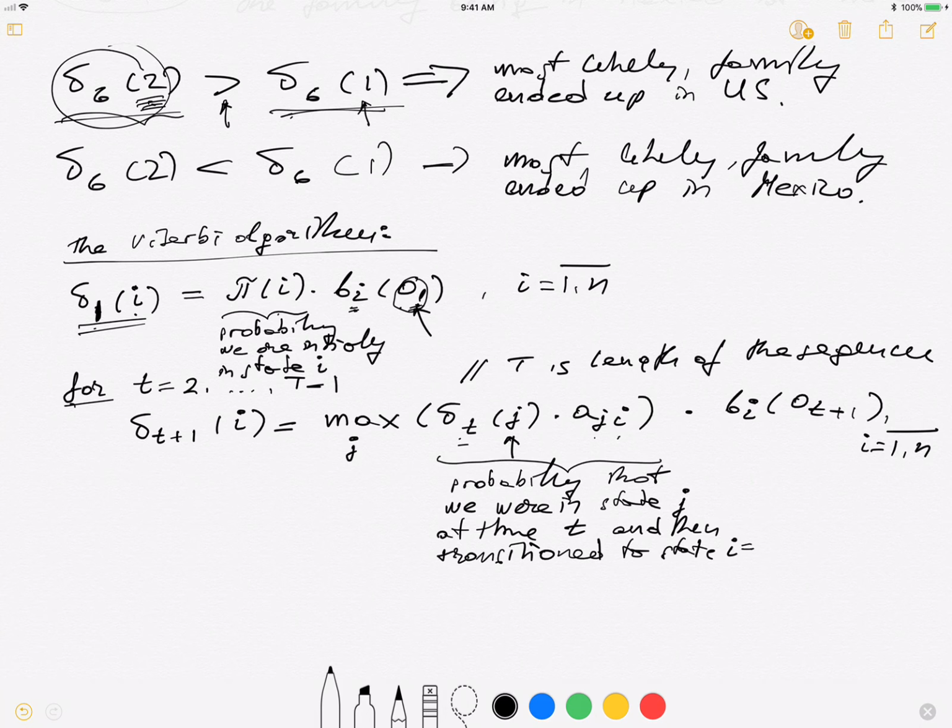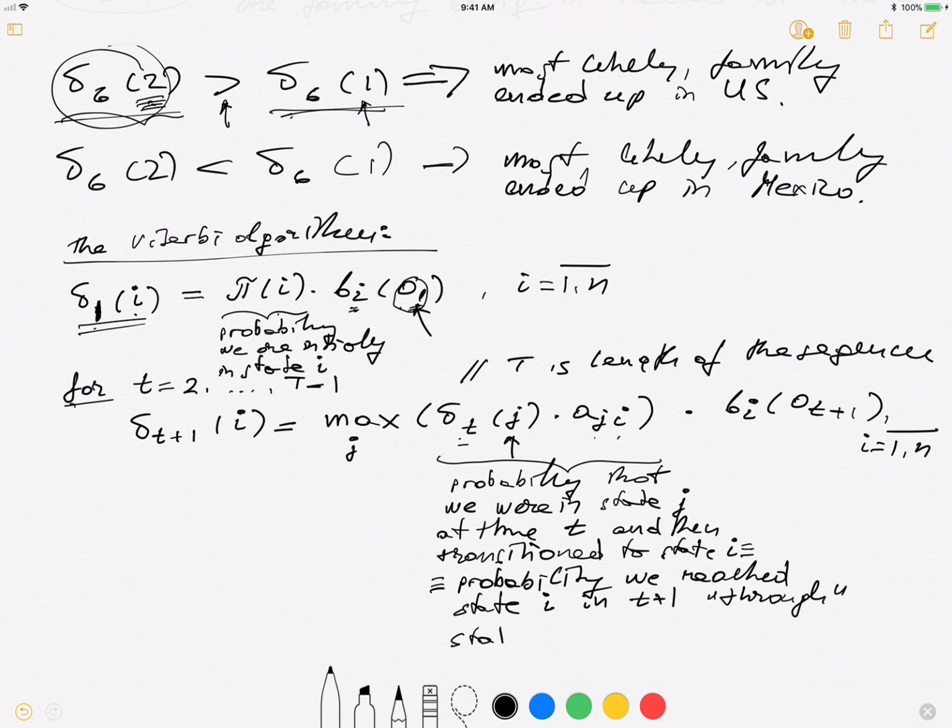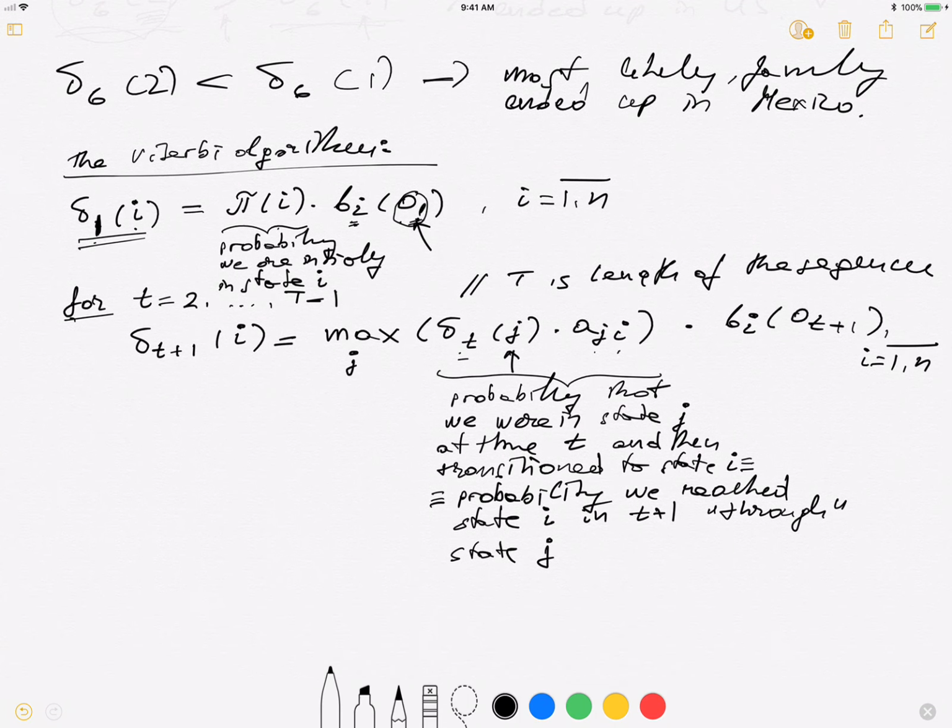In other words, this is the probability we reached state i at t plus 1 through state j. Naturally, we don't necessarily know through which state we reached the state i at time t plus 1.